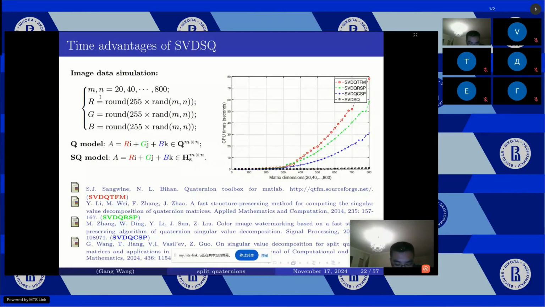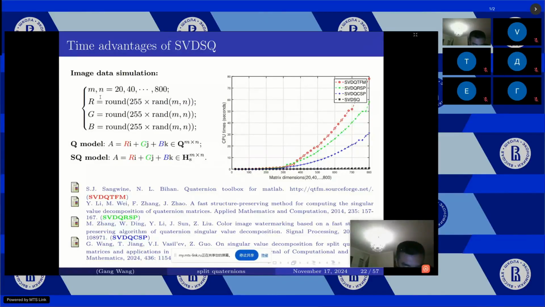We constructed both traditional quaternion matrix models and split-quaternion matrix models from the simulated pixel matrices and performed SVD on them. On the right side, we present a graph showing the computation time.